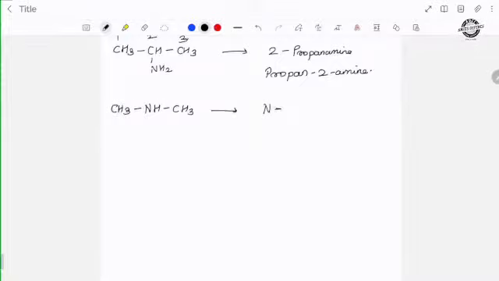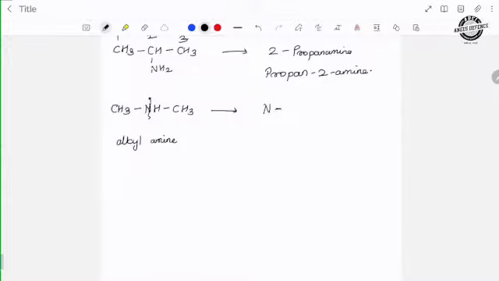Now this is a symmetric structure. If I break this structure in half, you can see here it is methyl and here it is also methyl. So in secondary and tertiary amines, your name will be like this: alkyl amine. One will be a substituent and one will be the parent chain.